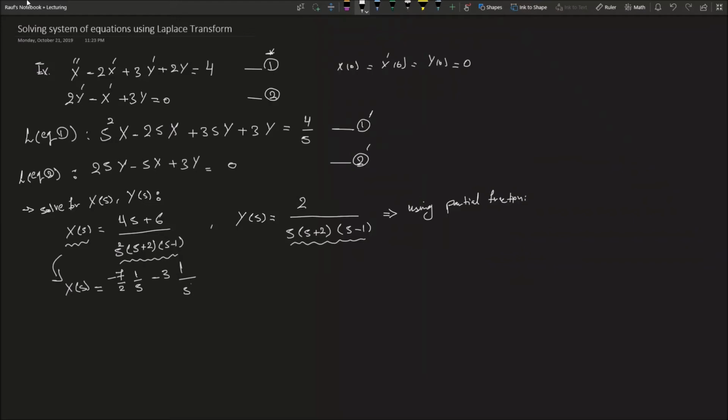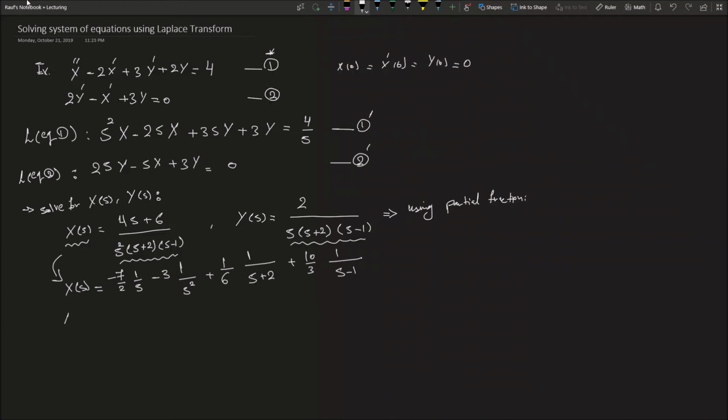Minus 3 multiplied by 1 over s squared plus 1 over 6 multiplied by 1 over s plus 2 plus 10 over 3 multiplied by 1 over s minus 1. That's a long partial fraction.